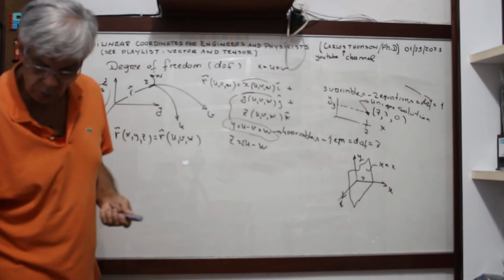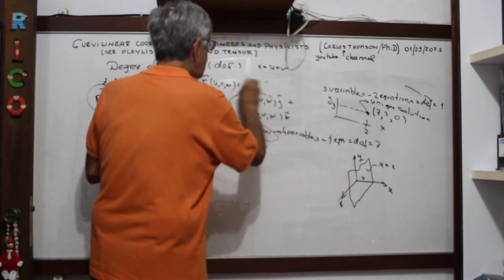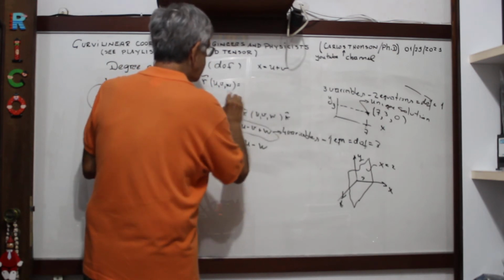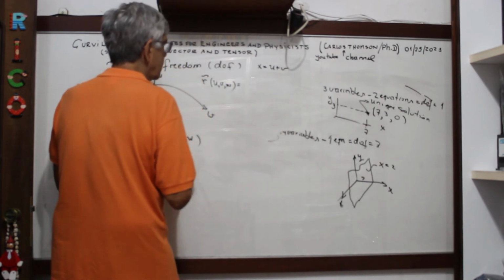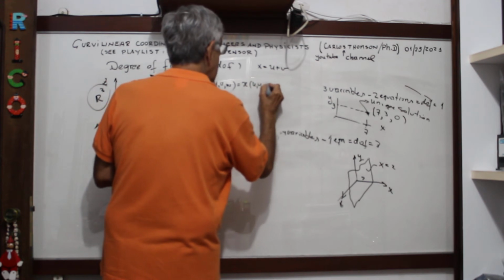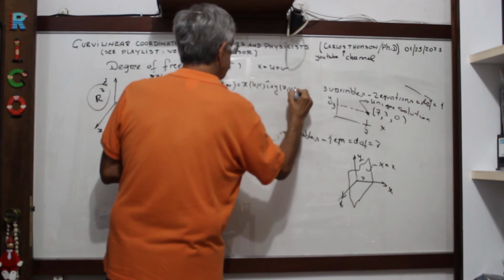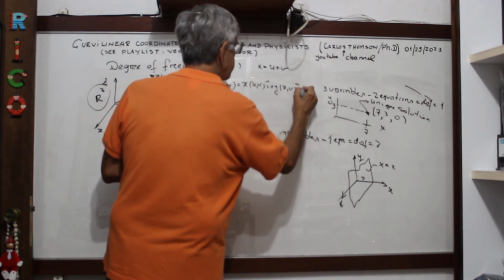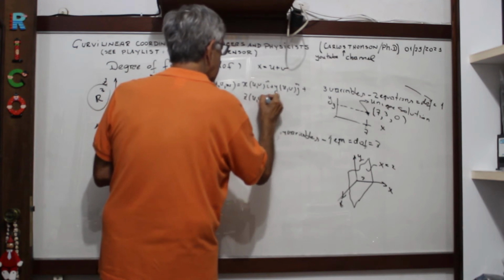Now, suppose x, I'll write it down here, it's better. Suppose x is a function of u, v times i plus y of u, v times j plus z of u, v times k.